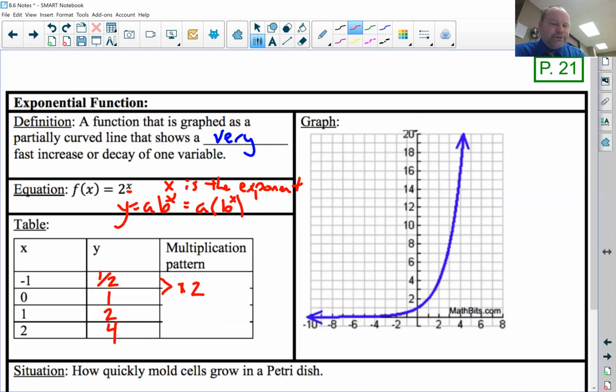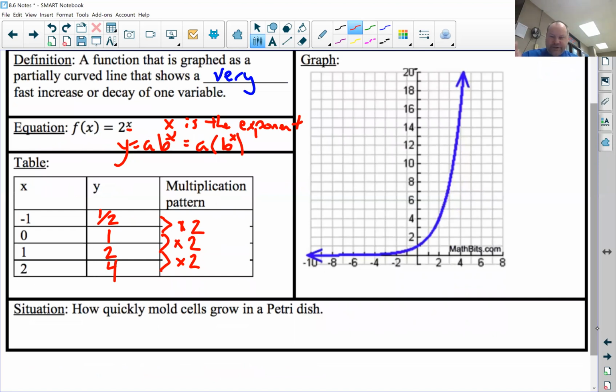To go from 1 to 2, we multiply by 2. To go from 2 to 4, we multiply by 2. So if you're looking at a table of values and wondering if it's linear, quadratic, or exponential, if you do the differences, the first and second differences, and you don't get the same value for either of those, then it's a pretty good idea or a pretty good guess that you have an exponential function.